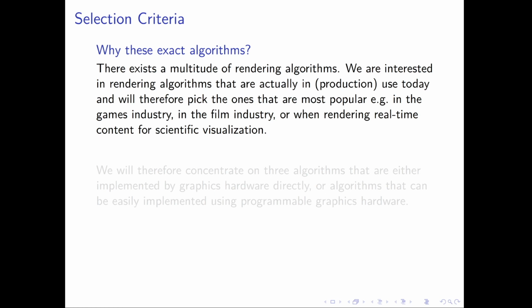On the one hand, we're discussing the rasterization algorithm, and the rasterization algorithm is basically just what GPU vendors implement. This is the algorithm that is implemented on GPUs. We will then also discuss deferred shading, an algorithm that is relevant to the gaming industry.